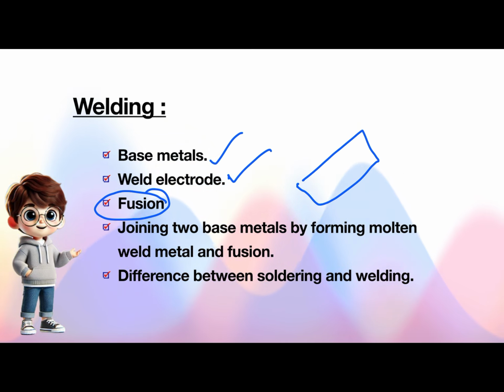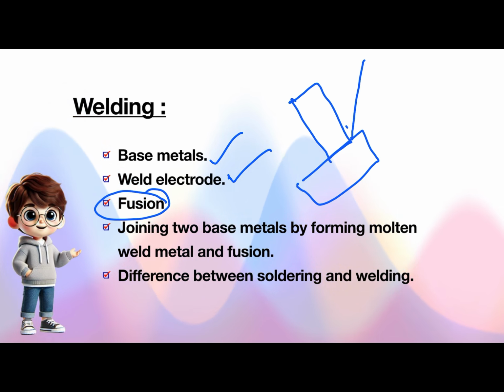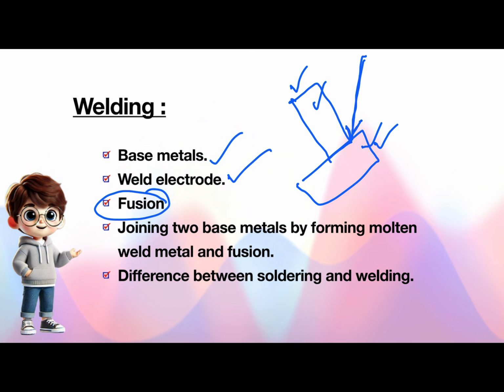See, these two are the base metals and you want to provide welding at this portion, let's say. Every metal is a combination of protons, electrons and neutrons. When you provide an electrode, it will pull out all the electrons in these two base metals. In that process, it will form a large amount of heat which can melt the base metals and the electrode as well.